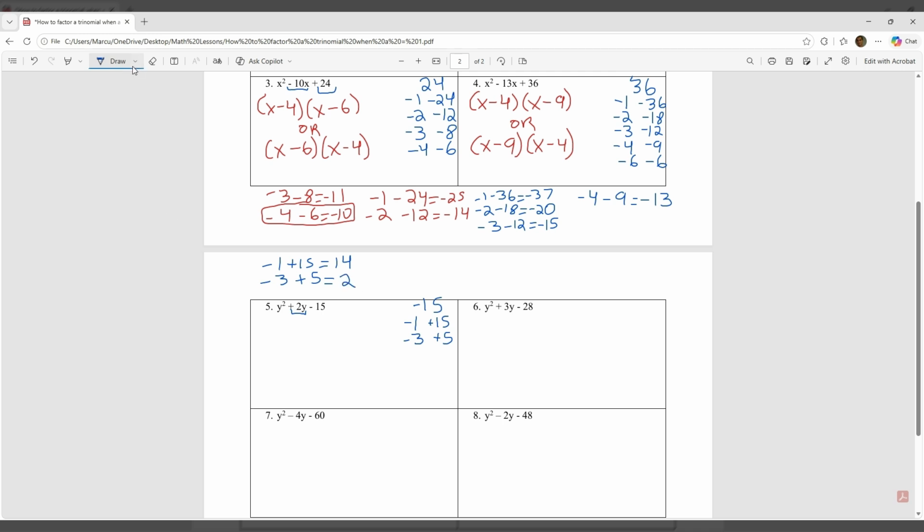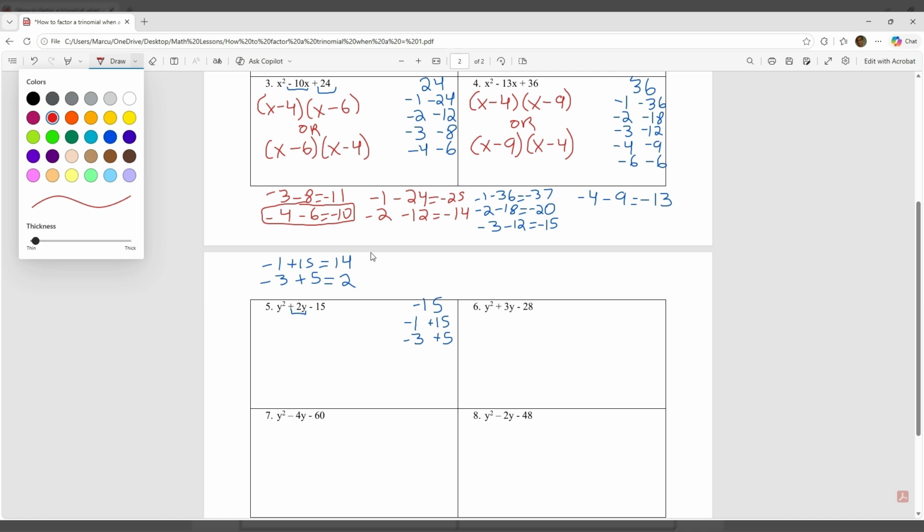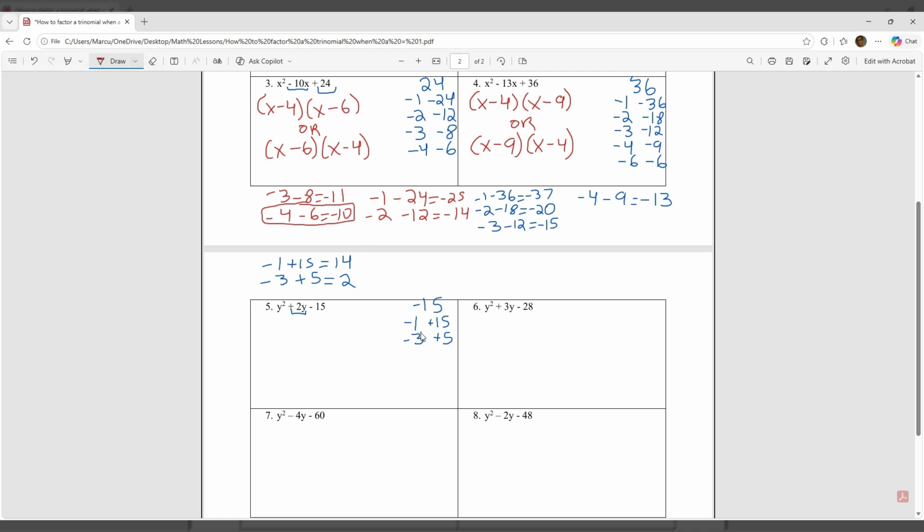So that's what we're going to use here because, again, when you multiply, you get your C term, which is negative 15. And when you combine those same numbers, it's going to give you the 2 that's in the middle. Same idea applies.